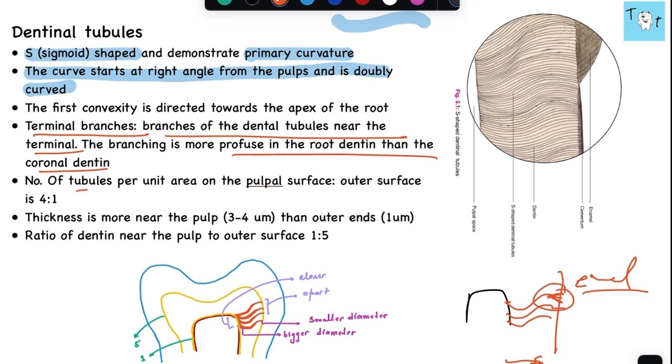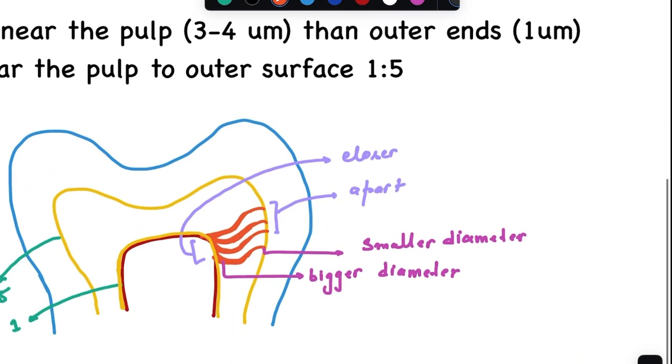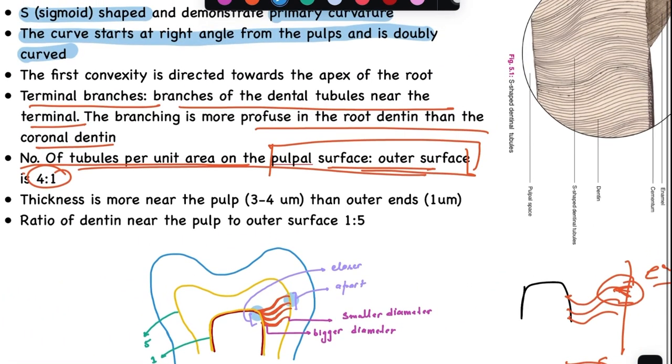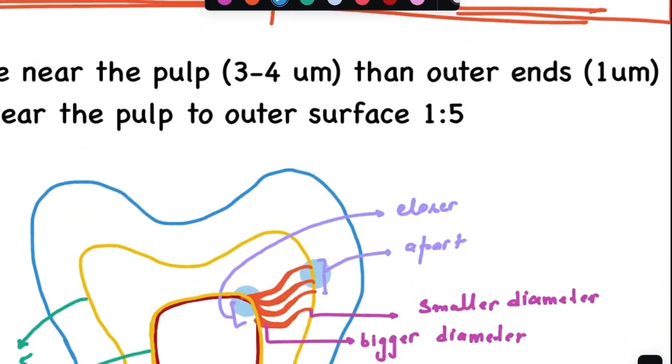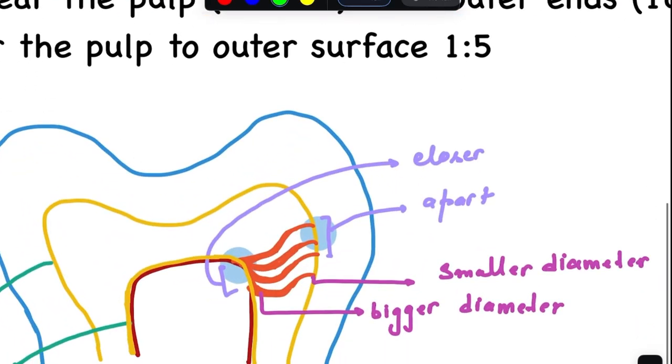Okay, the number of tubules per unit area on the pulpal surface, too. So the ratio of the number of tubules per unit area on the pulpal surface to the outer surface is 4 to 1. So if I take, let's say, 1 centimeter cube of area over here and 1 centimeter cube of area over here, on the pulpal surface, I will find 4 dentinal tubules, right?